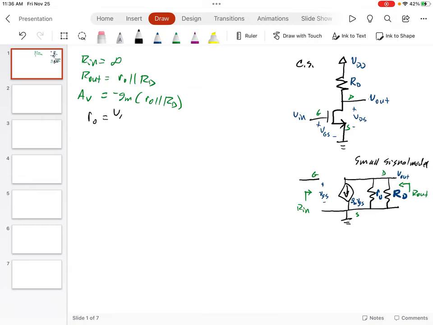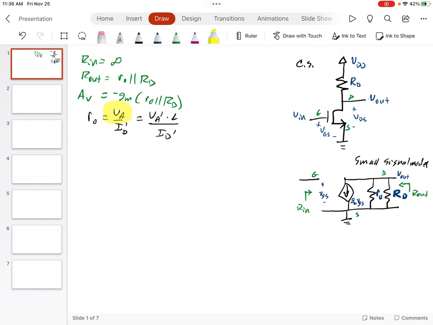of course, is VA over ID prime, and that equals VA prime times the channel length L divided by ID prime. Remember that ID prime is just the current that you get by using the saturation equation. ID equals 1/2 mu NC ox W over L V overdrive squared. It's just that current without the channel length modulation effect.